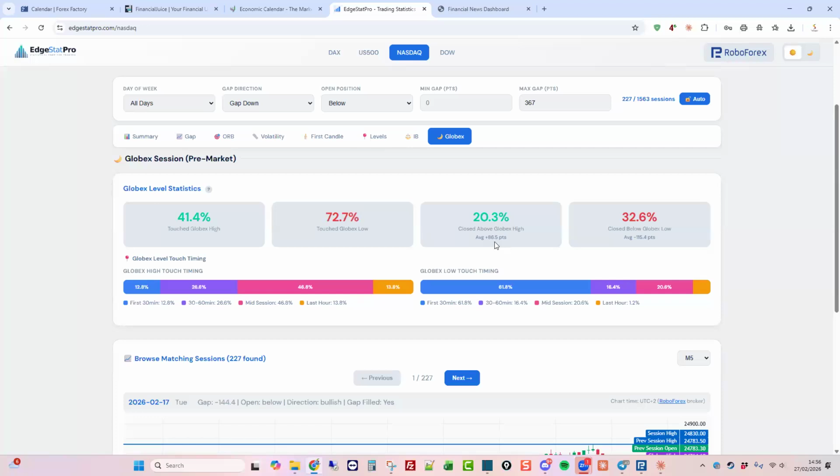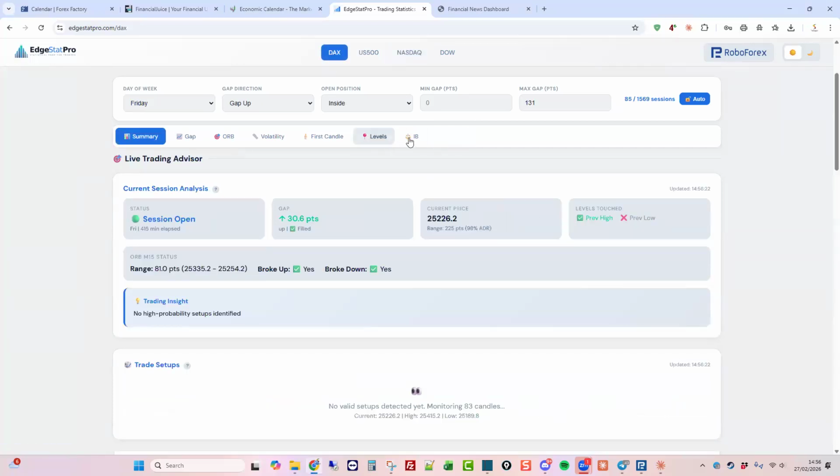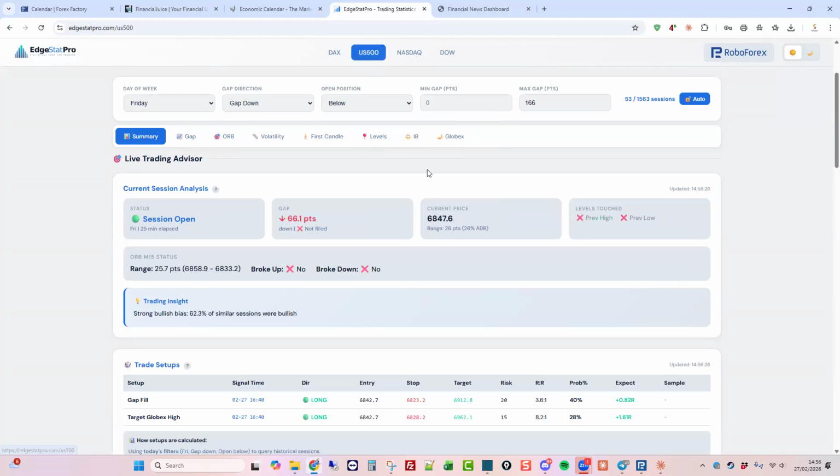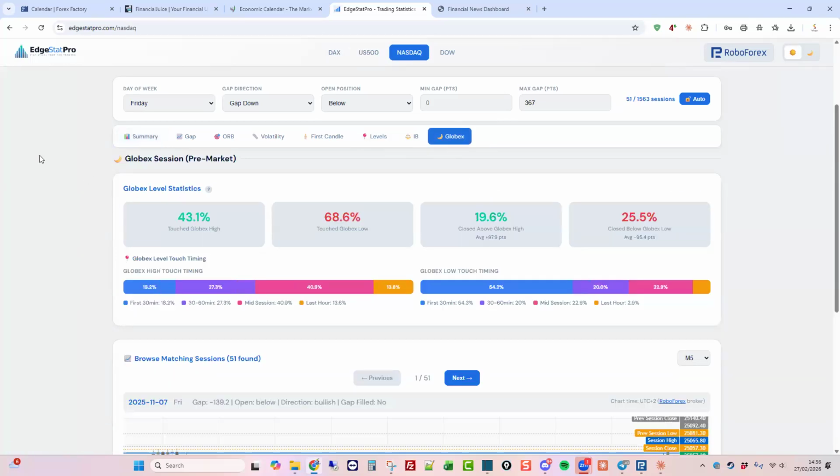We also get additional information here on this session. This is obviously only relevant to US. On the DAX, you don't get the Globex because there isn't a Globex session. But on here, we've got the Globex information as to how often on days like this, we close above the Globex high or below the Globex low. Okay.